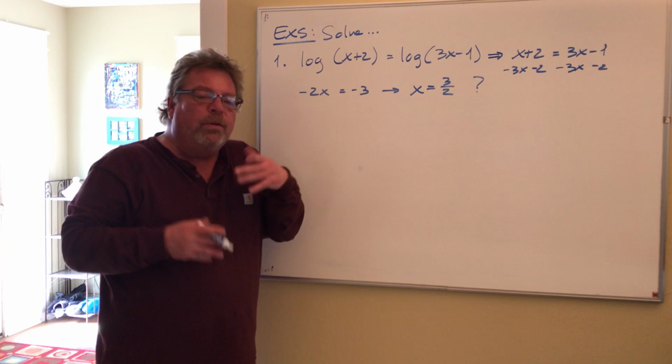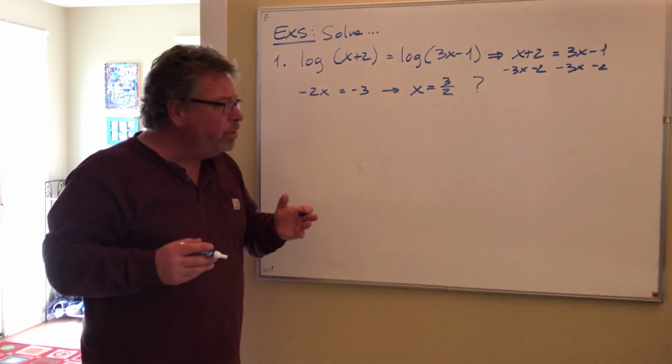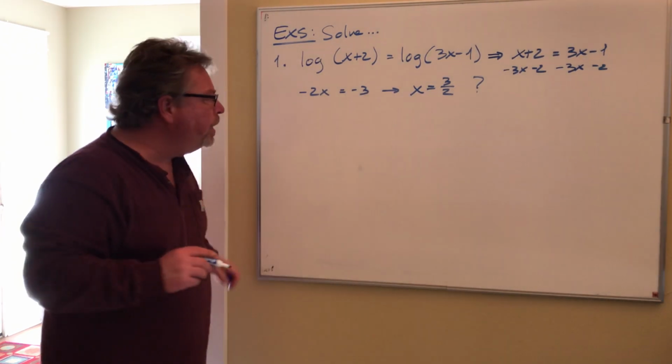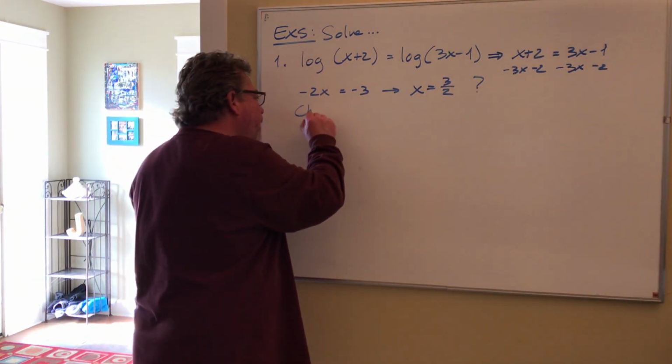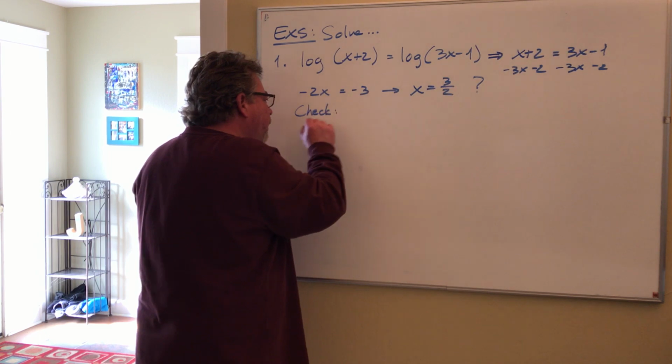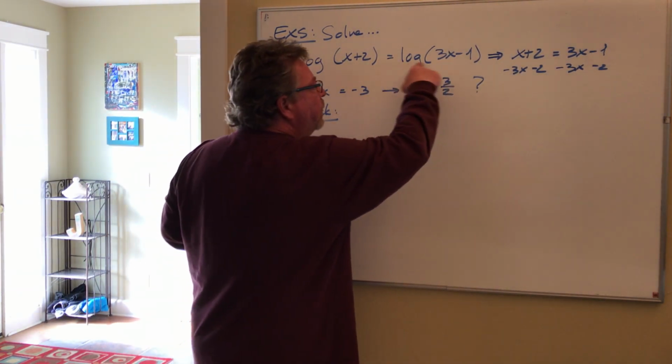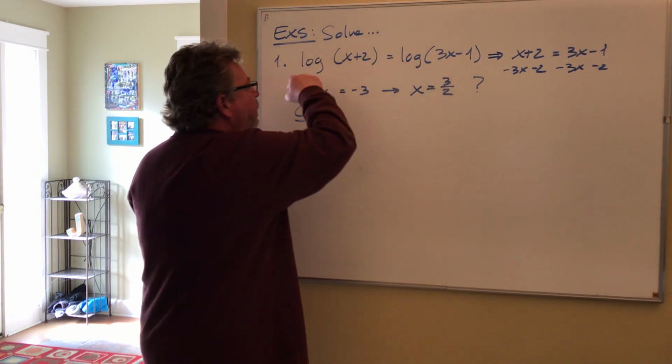Because as I said, these equations can have extraneous solutions. There's no guarantee that that will work in the original equation. So I have to go and run a check on this. And I'm going to check x equals 3/2 in this original equation here.